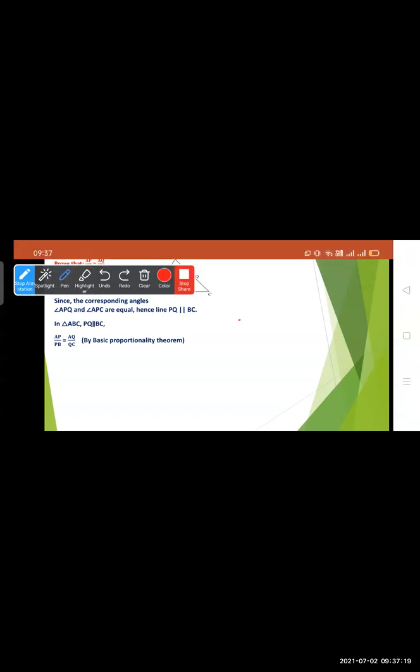The measures are given. So this 60 and this 60, since the corresponding angles are equal, and this one is a transversal, so we say that angles A and B are equal by corresponding angles. Okay, so they are equal.